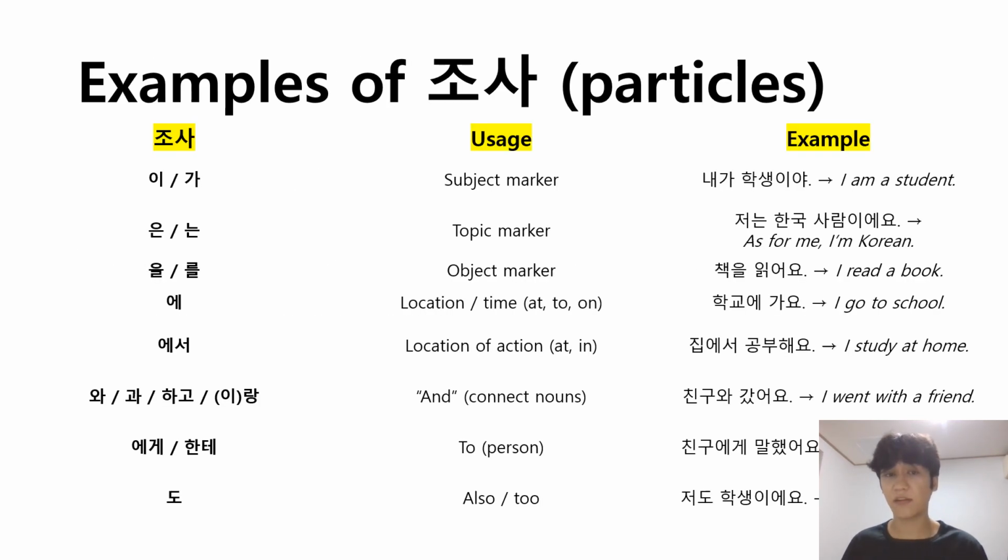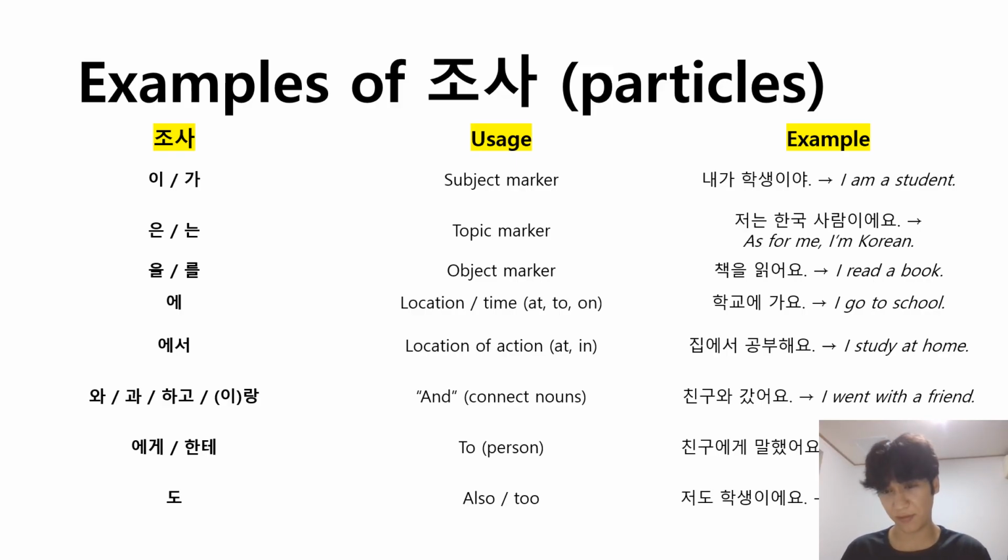Let's look at some examples of 조사 that we are going to cover. There are some more not listed in this table. For example, 이/가, you're familiar with 이/가, that's a subject marker, right? So 내가 학생이야, I'm a student. Or we also have 은/는. Maybe you have watched lots of videos trying to explain the difference between 은/는 and 이/가, right?